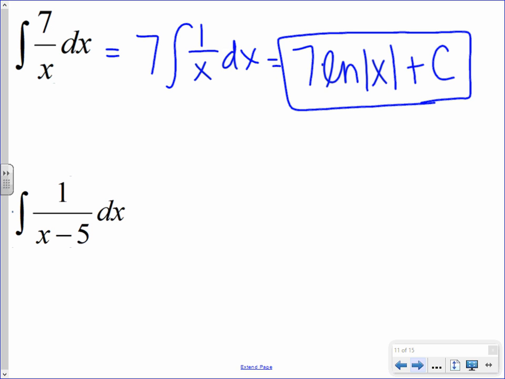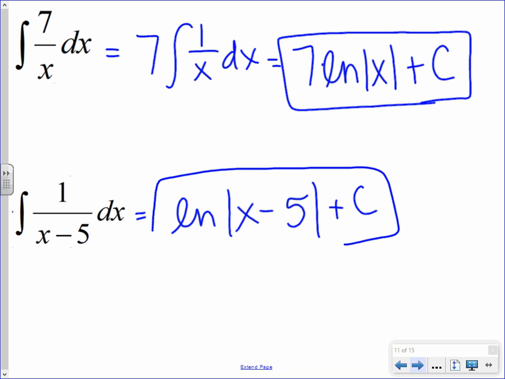We have 1 over a linear denominator, so this antiderivative is going to be the natural log of the absolute value of x minus 5 plus c. As long as your denominator is linear, you can use this rule.